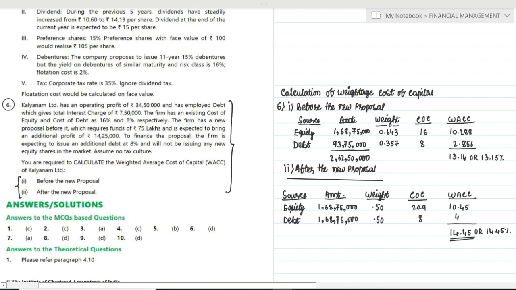The firm has an existing cost of equity and cost of debt as 16 and 8% respectively. The firm has a new proposal before it which requires funds of 75 lakhs.